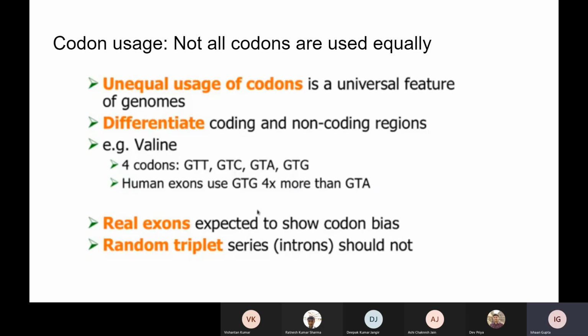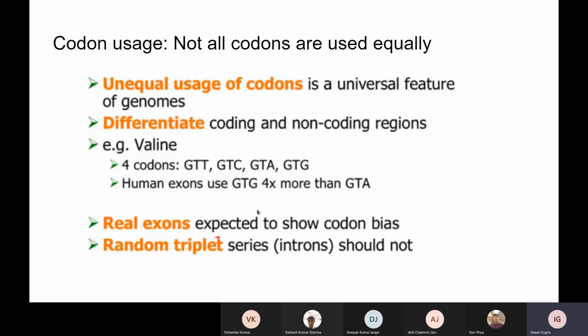So for each organism, there is an unequal usage of codons. This is a universal feature of genomes, and it can very easily help you distinguish between coding and non-coding regions. For example, if you have 4 codons for the amino acid valine in humans, human exons specifically use the codon GTG 4 times more than they use GTA.